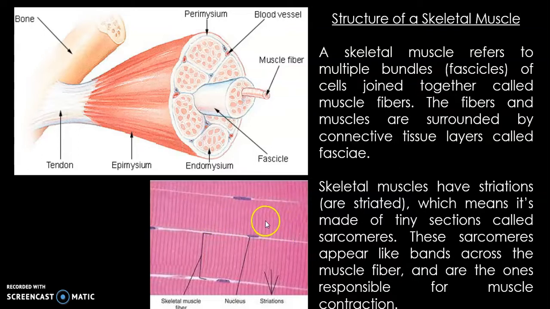Those tiny sections are called sarcomeres, and the appearance of being striped like a tiger is called striation, which means that skeletal muscles are striated.